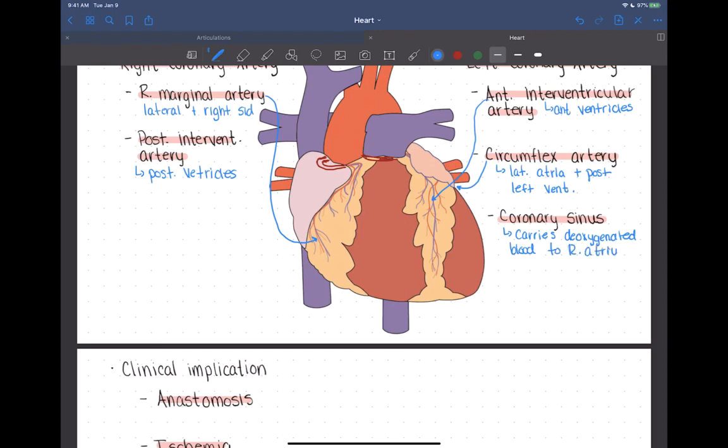Then it can join the rest of that deoxygenated blood from the body and go receive oxygen from the lungs. So it's the end of this journey of the coronary circulation.